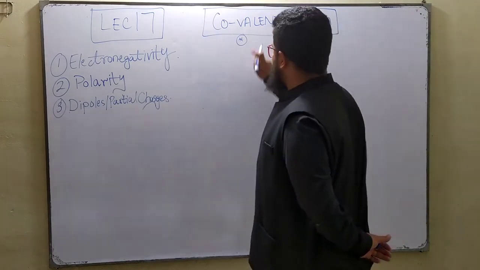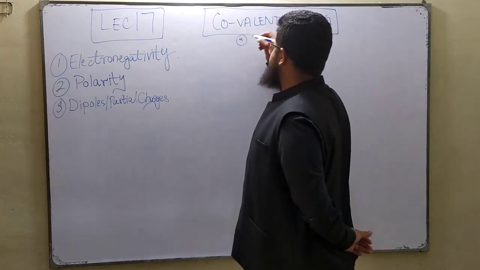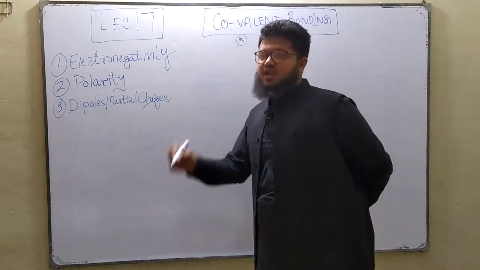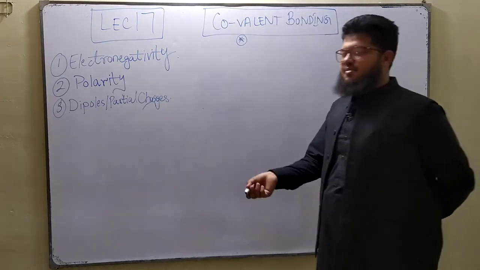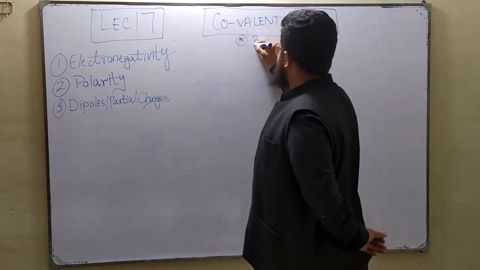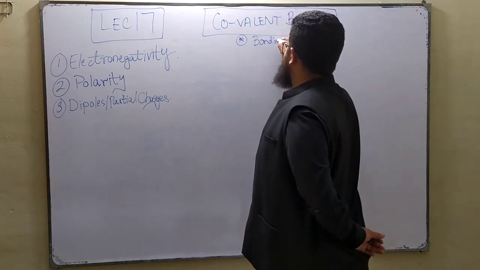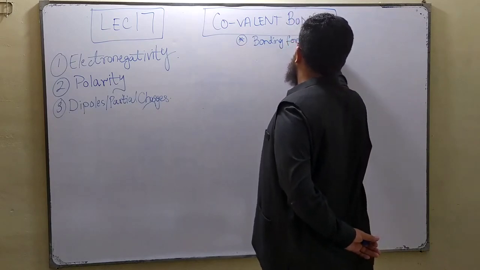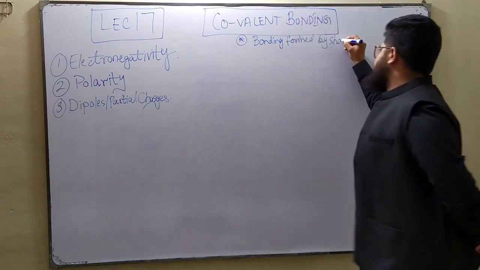Covalent bonds, how are they formed? These are basically the forces of attraction, or the bonds which are made by the sharing of electrons between non-metallic elements. So bonding formed by sharing of electrons. There is no transfer of electrons in here.